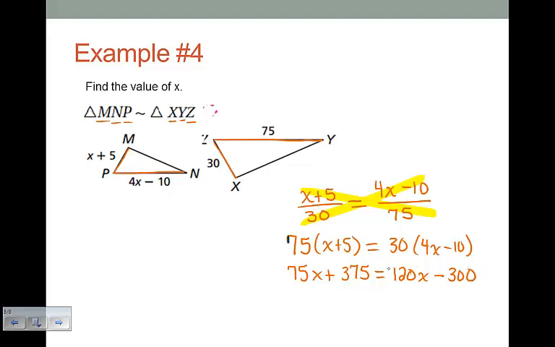Subtract the 75x, so 120 minus 75 gives me 45x over here. Add the 300, that gives me 675. And then if I do 675 divided by 45, I end up with x is equal to 15. So if x is 15, those two triangles would be similar.